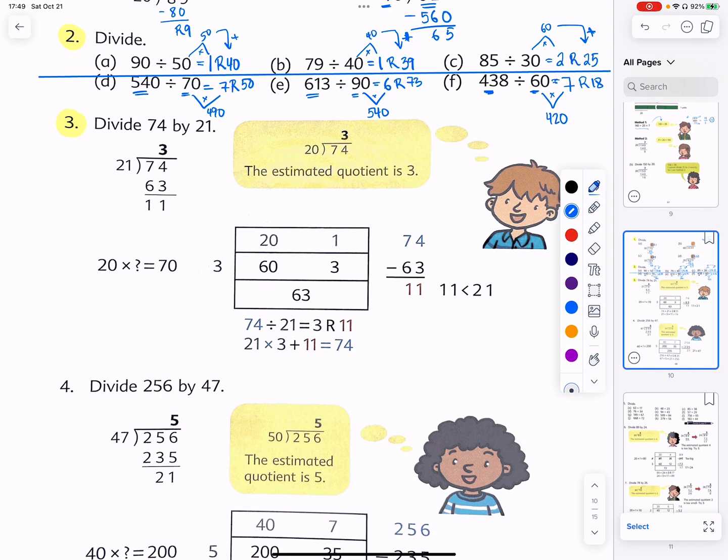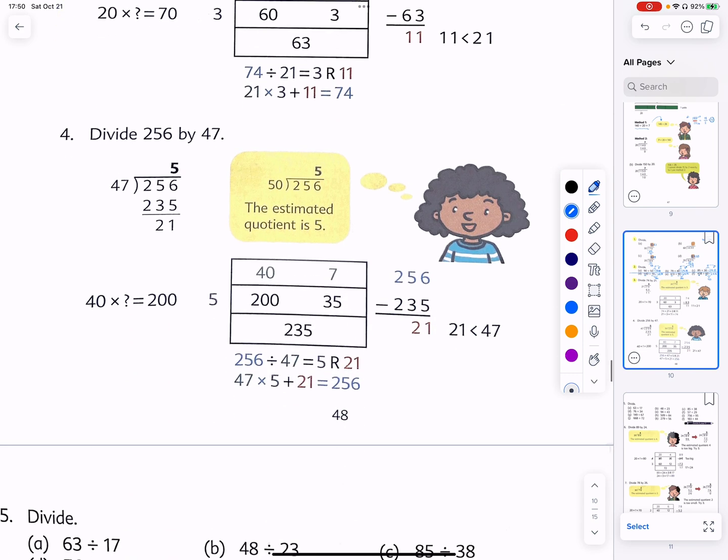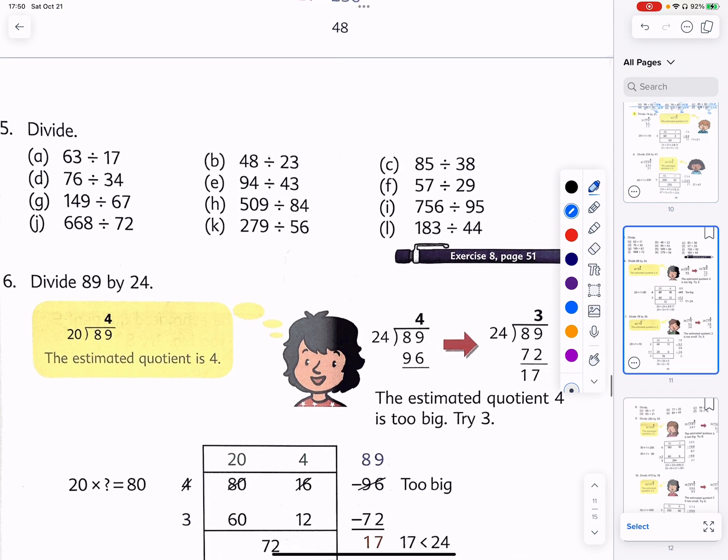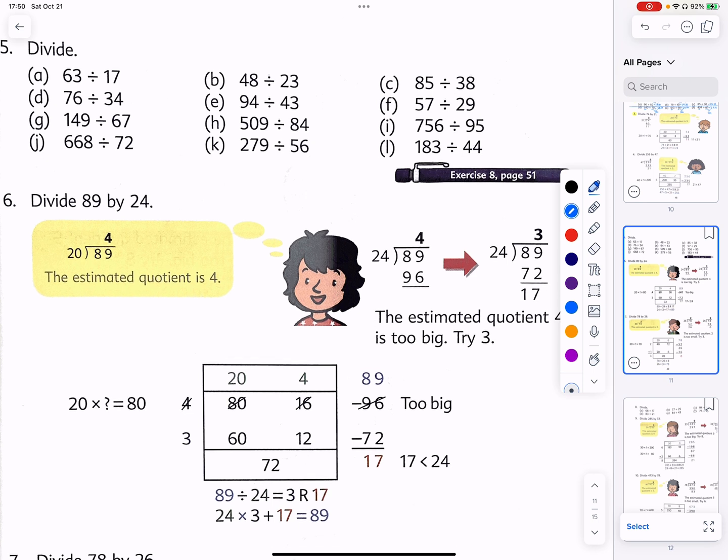I'm going to skip over questions 3 and 4 using the area model and jump straight to number 5 on the following page. Now I am here on number 5, lots of division. My friends, here I would like to start first by doing the last column. 85 divided by 38.